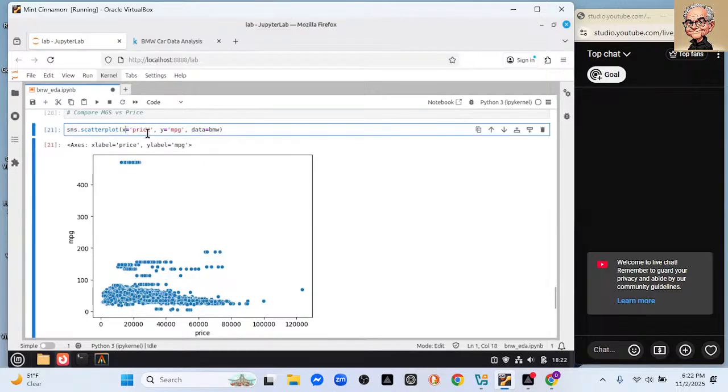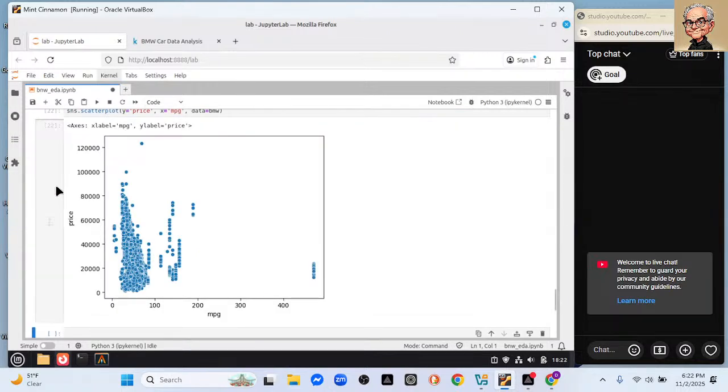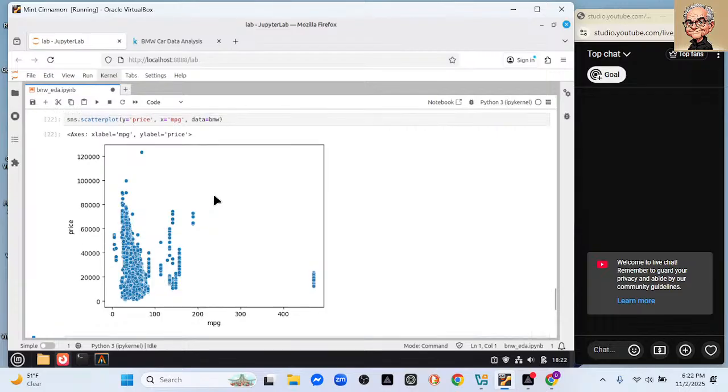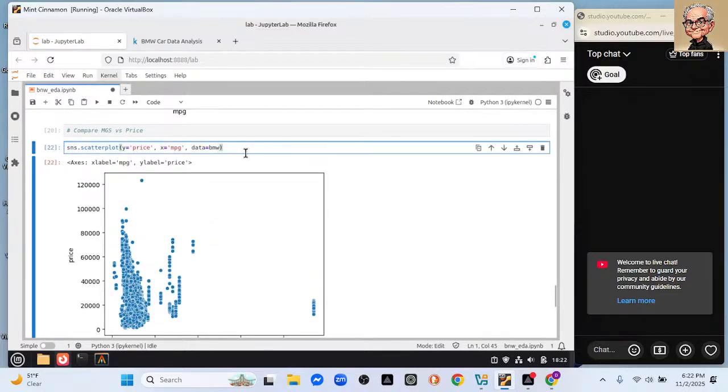Let's reverse these. So I know I got a better one than that someplace. Okay, just for the fun of it, what can we say here?